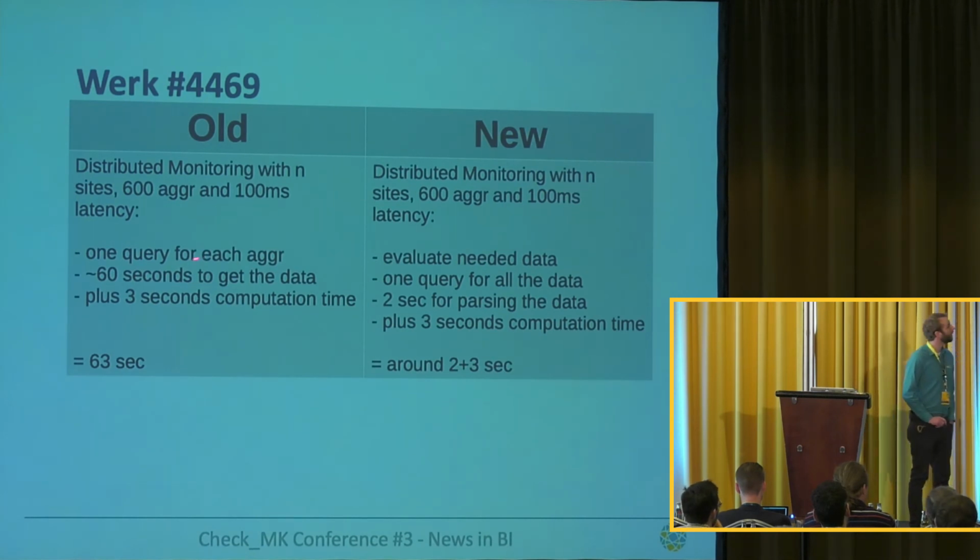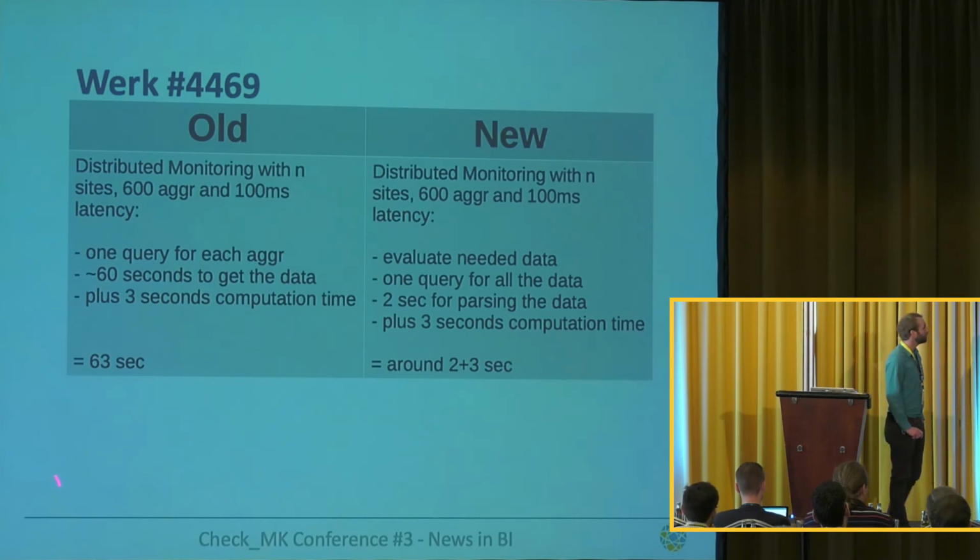And what we did before, for each aggregation, we did one query. So every time one query, so for a lot of aggregations that can of course be a lot of work. And in this case, it could be up to 60 seconds just to get the data. So even if the aggregations can be calculated very, very quickly, it took quite a while to get the data.